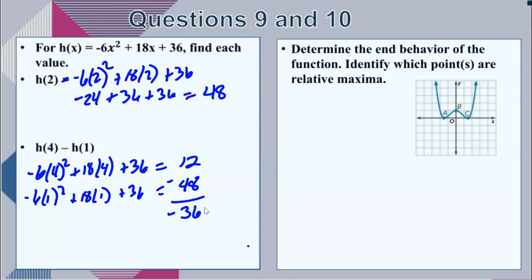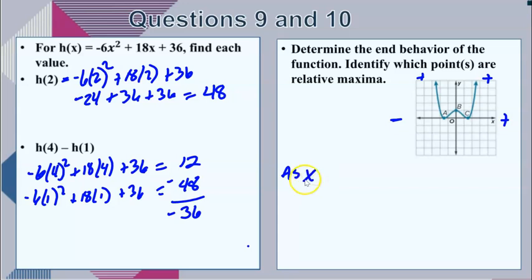Question 10. Determine the end behavior of the function and then identify which points are relative maxima. So the end behavior, we have two statements. When x is positive and when x is negative, my y's are positive here and positive here.